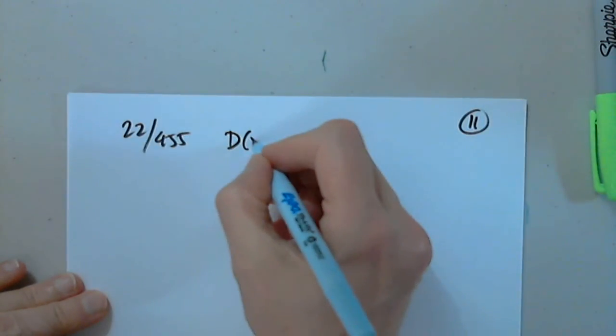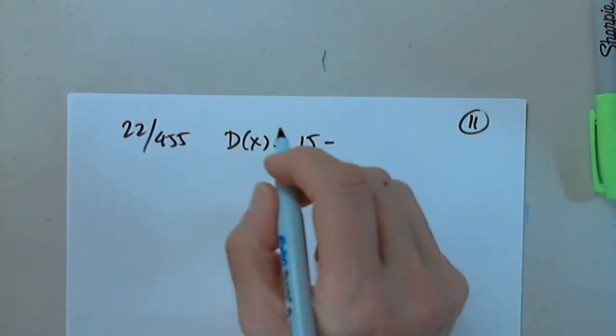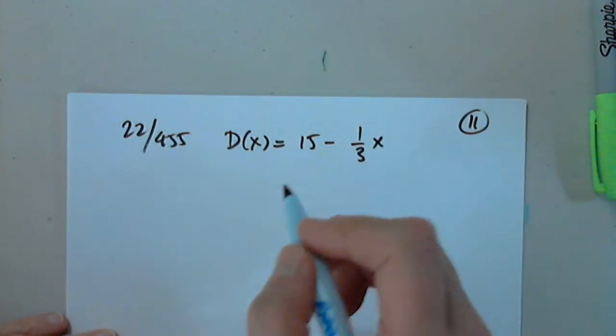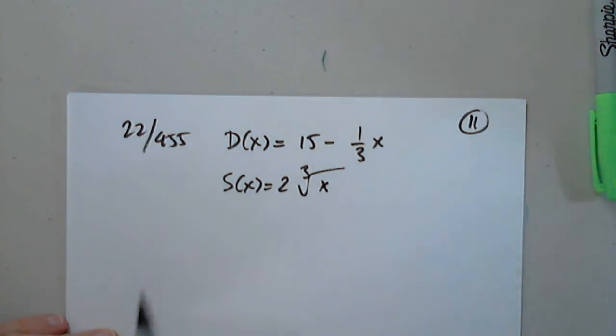It says d of x equals 15 minus, I think it's 1/3 x, correct me if I'm wrong, and s of x equals 2 the cube root of x. And it says, find the equilibrium point, identify the regions of both consumer and producer surpluses, and find the consumer surplus and the producer surplus at the equilibrium point.